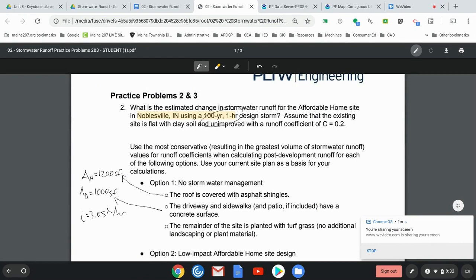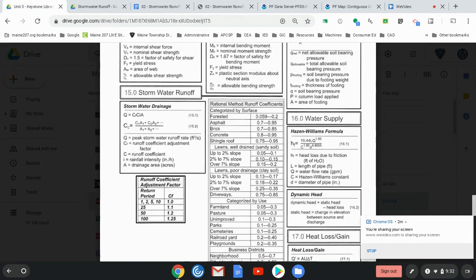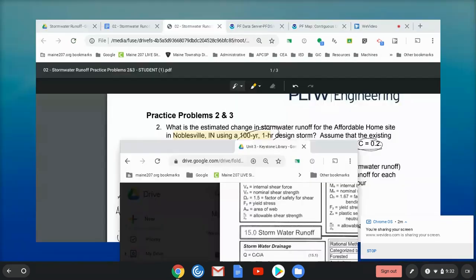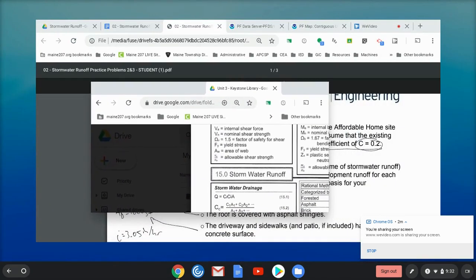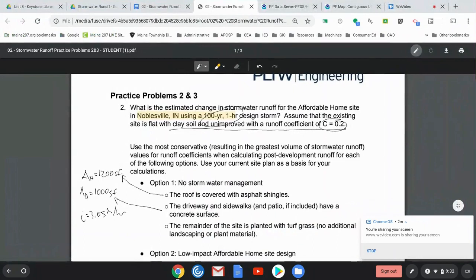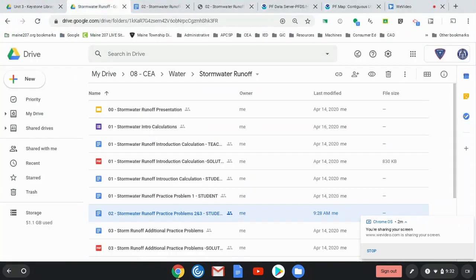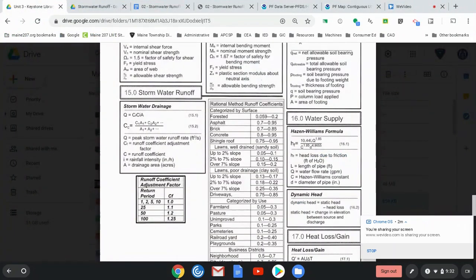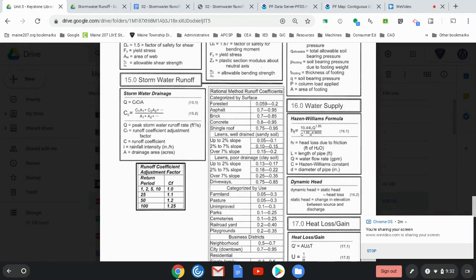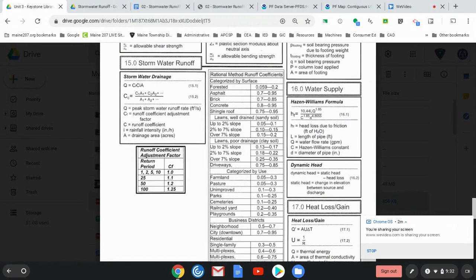Assume the existing site is flat with clay soils, unimproved runoff coefficient of 0.2. So we've actually been given C of 0.2 there.